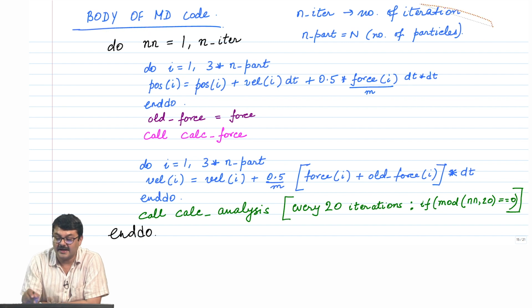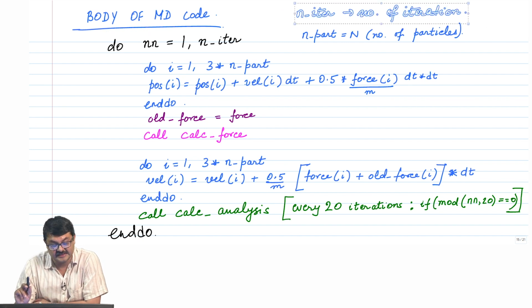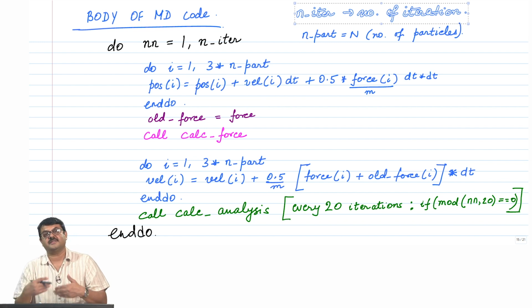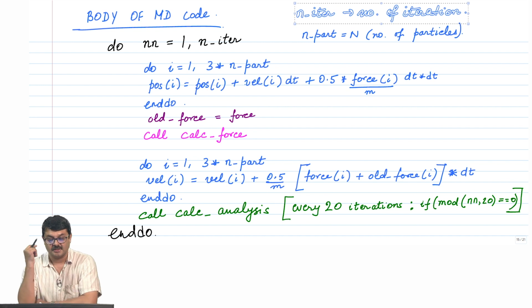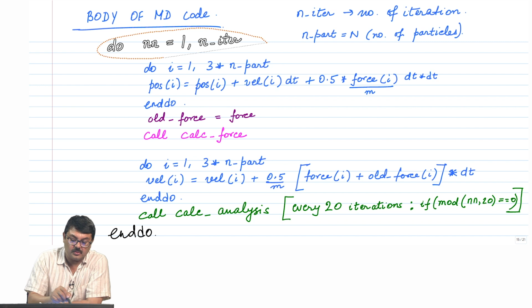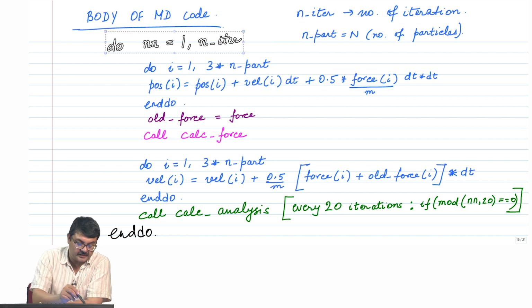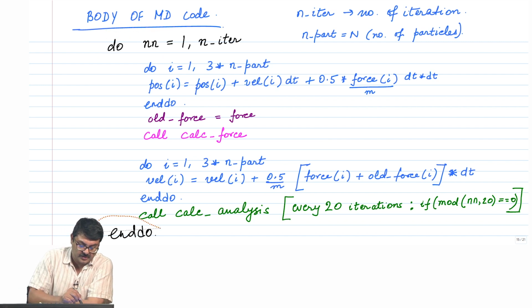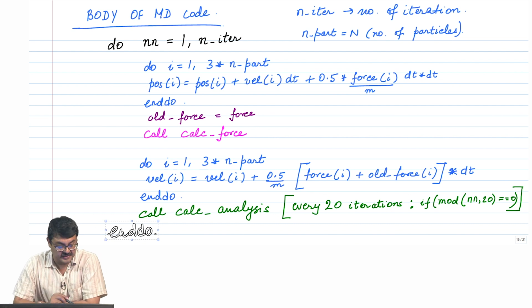What is n iter? N iter is the number of iterations, right. So, as nn keeps on changing, you are basically progressing in time till the end of the run. So, do nn equal to 1 to n iter, and this loop is finished here.